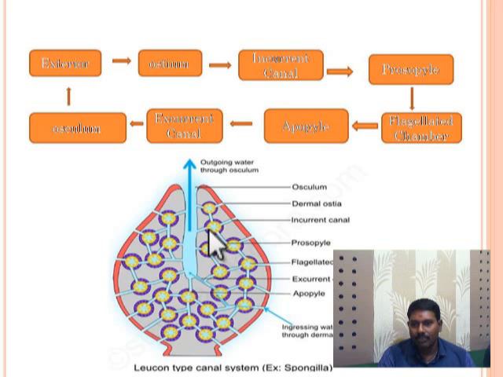Here by means of this apopyle, this is the apopyle region, the water will move through the excurrent canal and reach this region, that is the excurrent canal. From the excurrent canal, the water will move outside through the osculum.